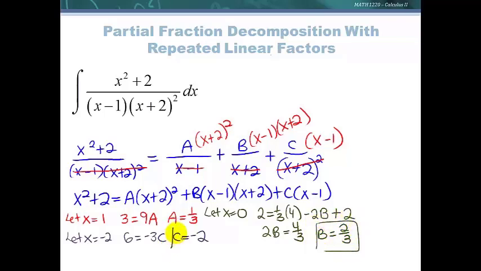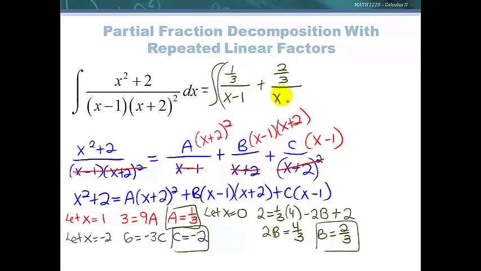So here's our b, here's our c, and here is our a. So this we can split up into 1/3 over x minus 1, and then b was 2/3, so plus 2/3 over x plus 2, and then c was -2, so minus 2 over x plus 2 squared dx.